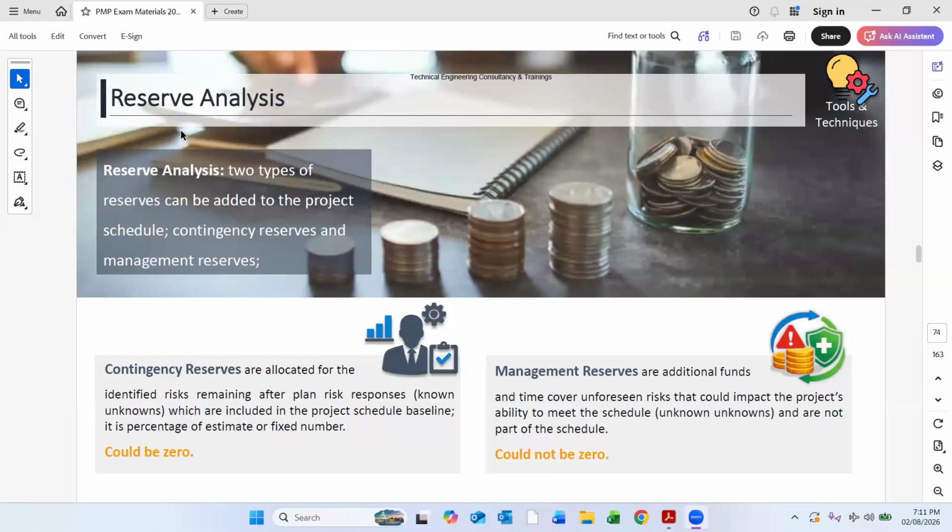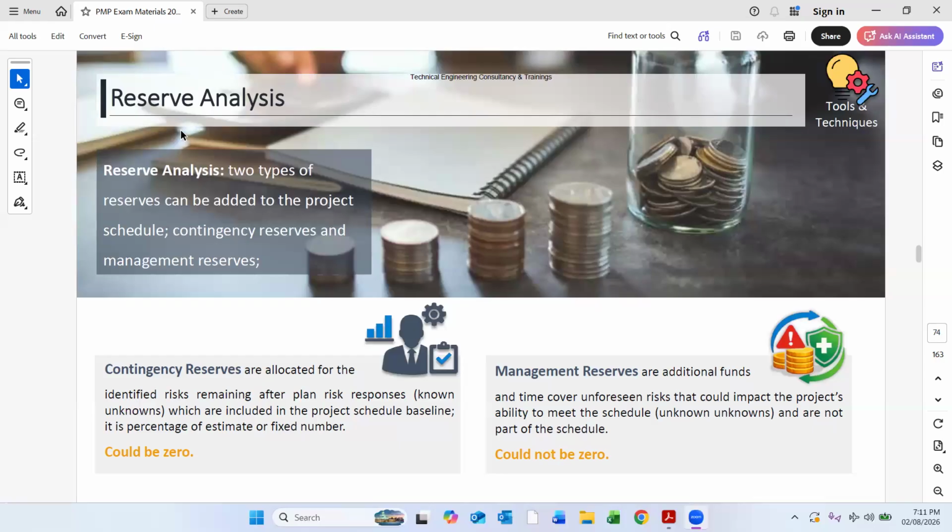And management reserves are additional funds and time to cover unforeseen risks that could impact the project's ability to meet the schedule. These are unknown unknowns and are not part of the schedule. So management reserves are additional funds that they keep. These are actually unknown unknowns that we don't know, right?